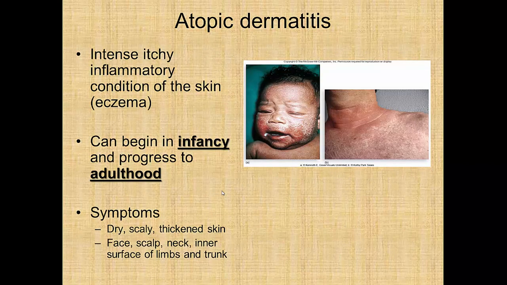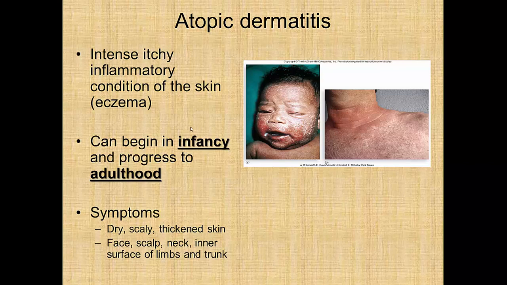So that's an example. Another example is allergic rhinitis, asthma. A third example is called atopic dermatitis, sometimes referred to as eczema. Eczema is a scenario where the allergy manifests in the skin.